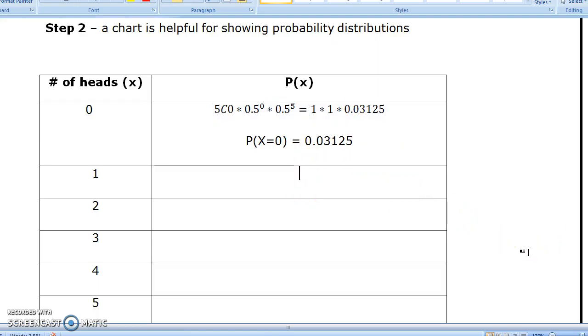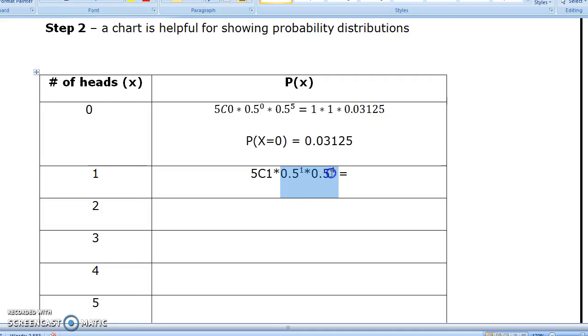The second one, we're looking at 5 choose 1 times 0.5 to the power of 1, 0.5 to the power of 4. Now, what you're going to notice here is that when it is 50-50, a lot of our work is very simple, because 0.5 to the 0 times 0.5 to the 5, this part of the equation is actually identical to this part.